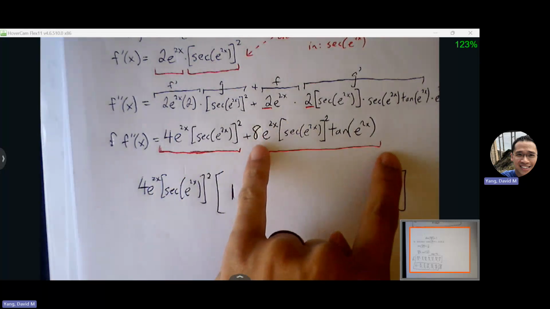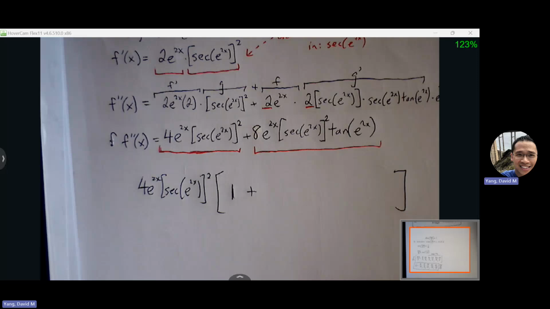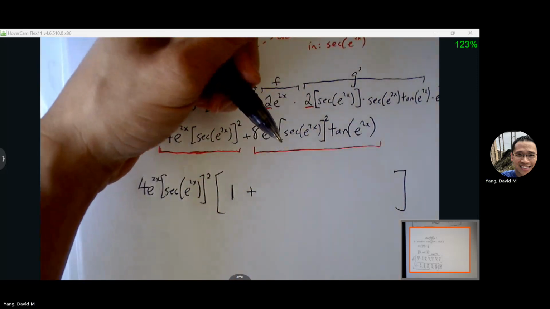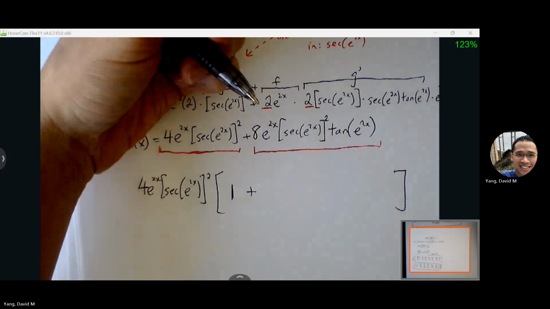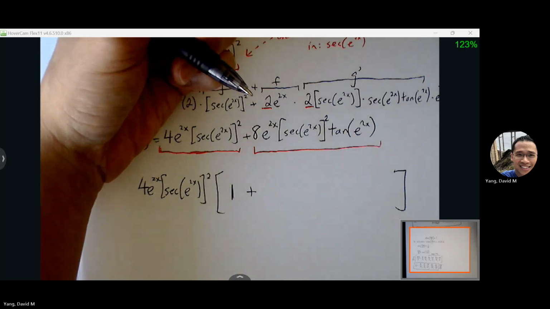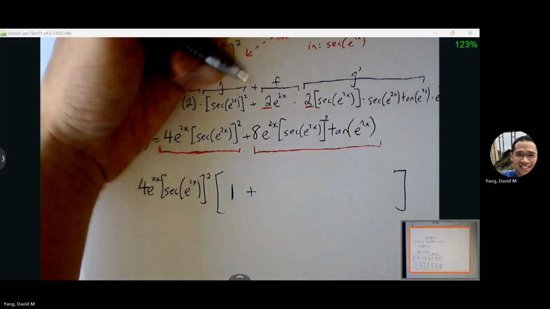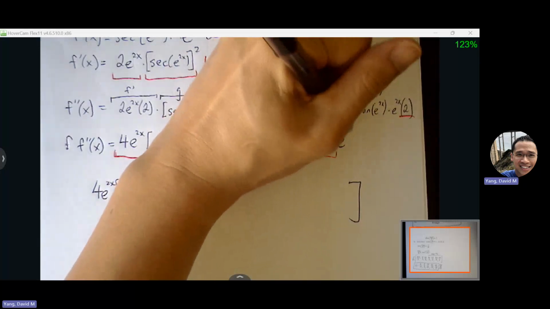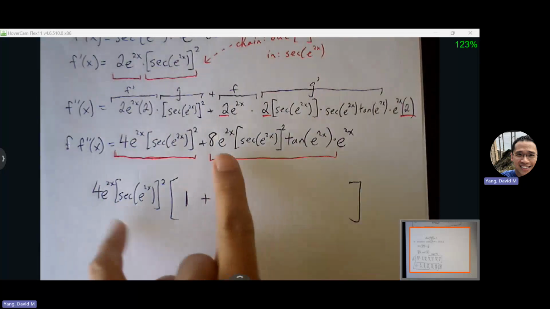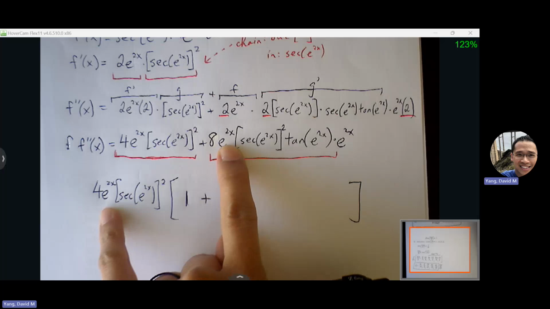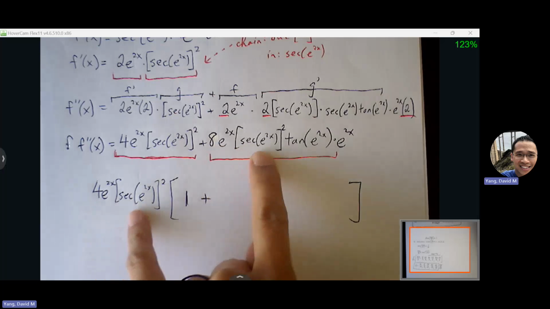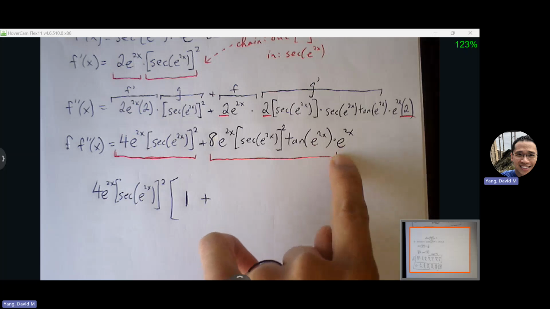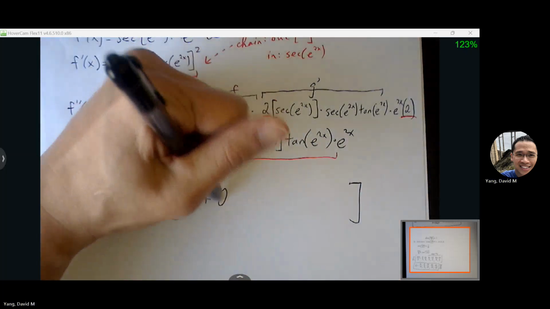The only thing left is just 2 tangent e to the 2x. Oh, my bad. There's another e to the 2x that's sitting out here. So when this goes away, the 4 and 8 would reduce to be 2. Secant goes away, but then the tangent, e to the 2x, and e to the 2x stay.